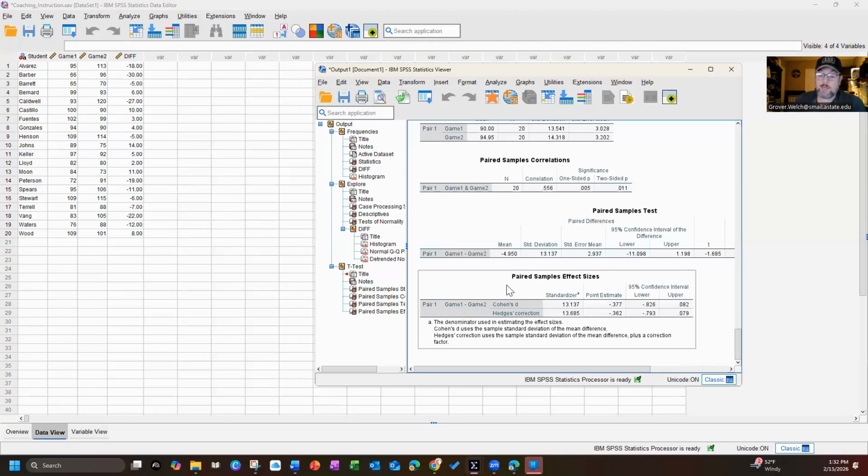The results indicated that the difference of 4.945 points was not statistically significant. My t of 19 equaled negative 1.69 with a p equal to 0.108. Based on my findings, we failed to reject the null hypothesis, and there's insufficient evidence to conclude that a single 15-minute coaching session significantly improves bowling scores in this population.